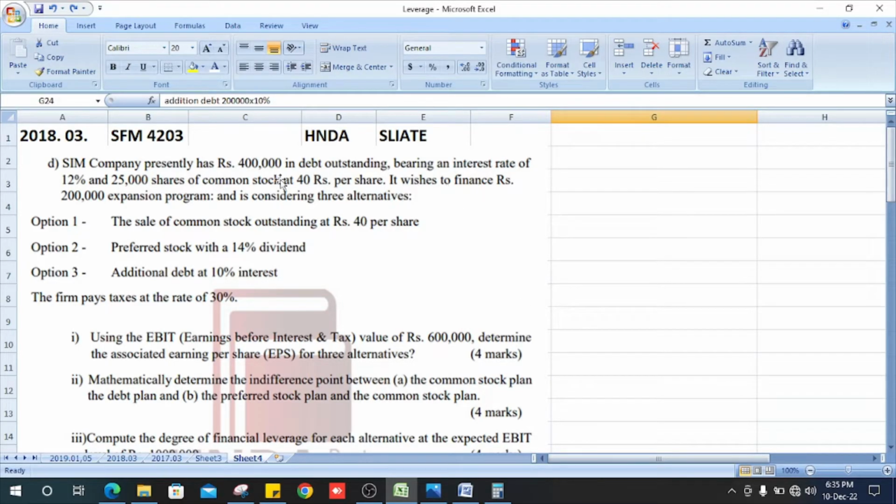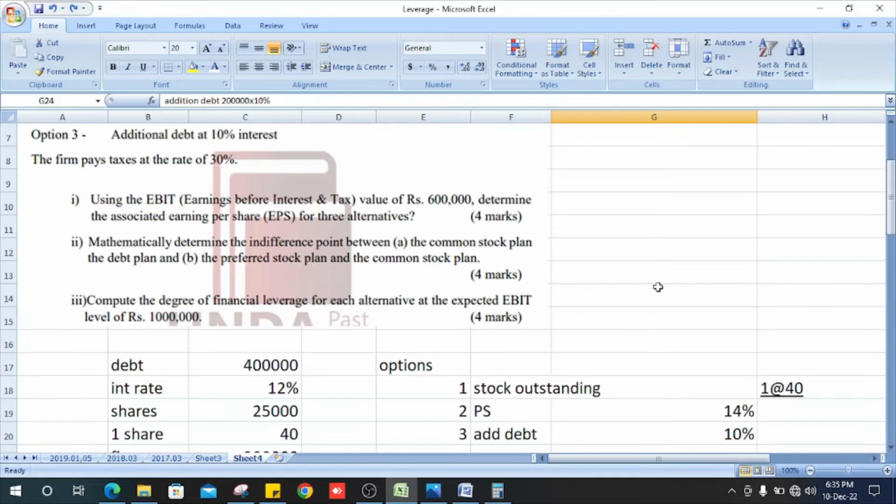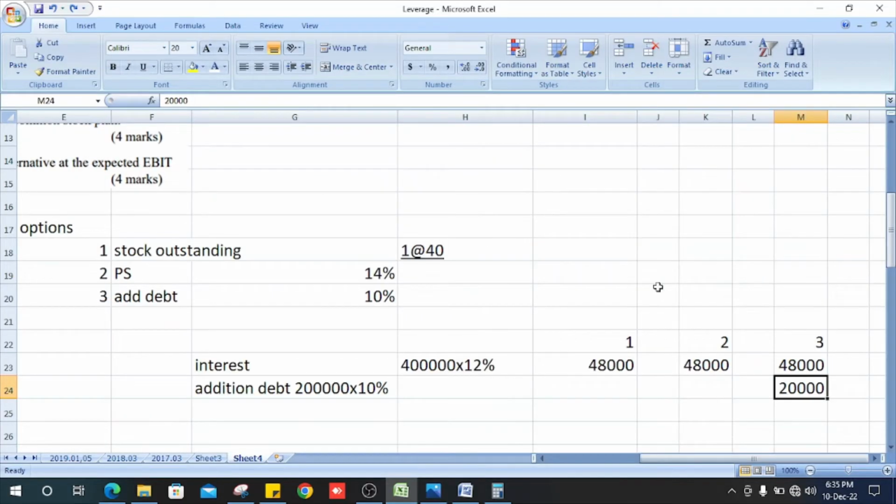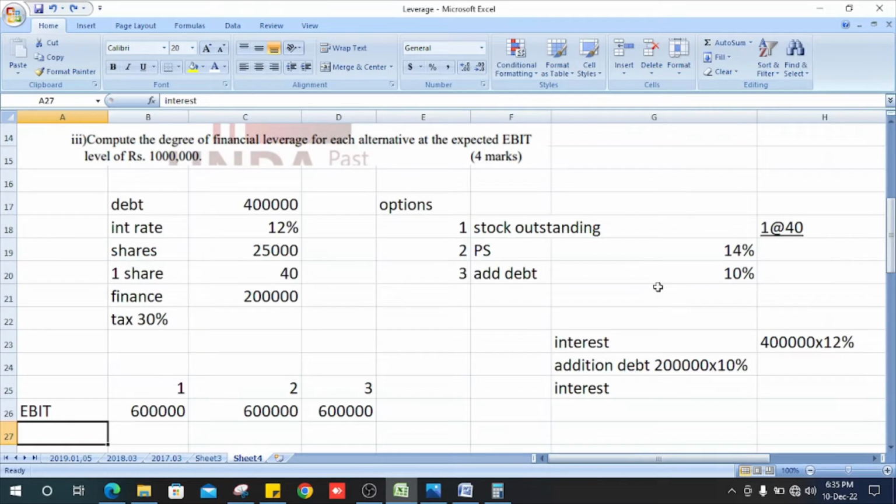It wishes to finance 200,000 at 10%. It is 20,000. The interest is option 1, 48,000, option 2 the same 48,000, and option 3 it is 68,000. Now we can enter the interest, 48,000 and 68,000.